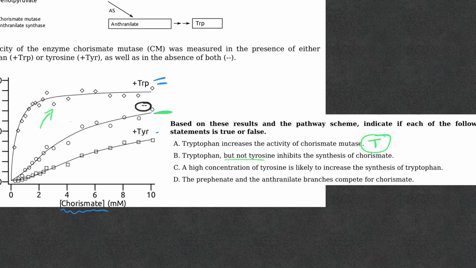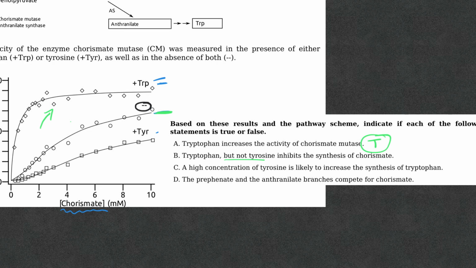Tryptophan, but not tyrosine, inhibits the synthesis of chorismate. Now, very often these questions demand that you only infer from the information that is presented to you. Certain times we might know extra information that will be useful, of course, but we shall not, unless explicitly given, assume things.